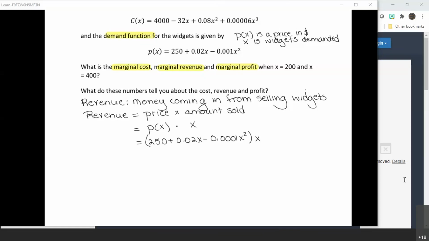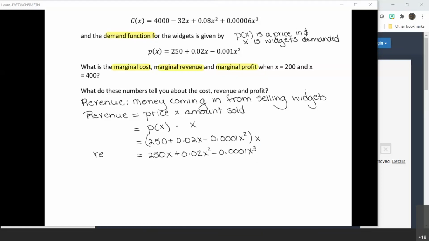You can look at this and realize, all I have to do is bump up the exponent on X in each term. And the 250, well, that's 250x to the 0, so that becomes 250x plus 0.02x squared minus 0.0001x cubed. Thank you for pointing out the two zeros after the decimal point in the last term.